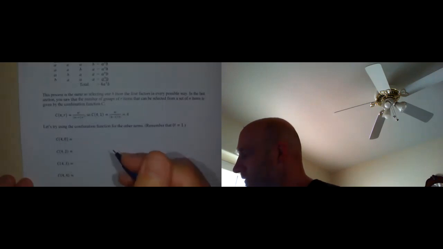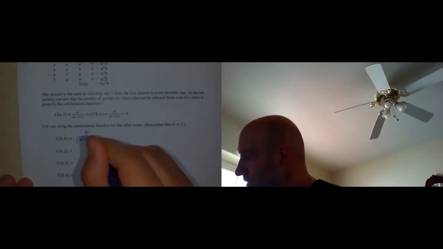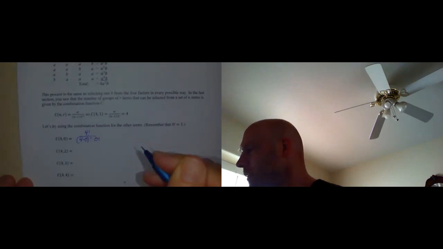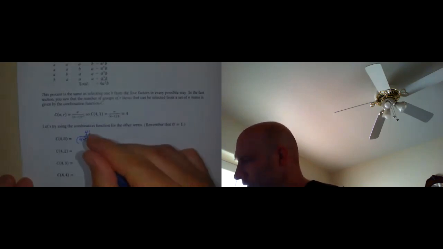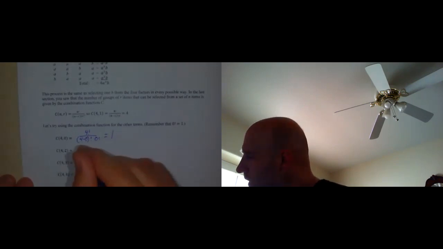Over here where I have 4 comma 0, that would be 4 factorial over 4 minus 0 factorial, 0 factorial, which is defined as 1. So I've got 4 factorial over 4 factorial. Well, that's just 1. Here I've got 4 factorial over 4 minus 2 factorial.